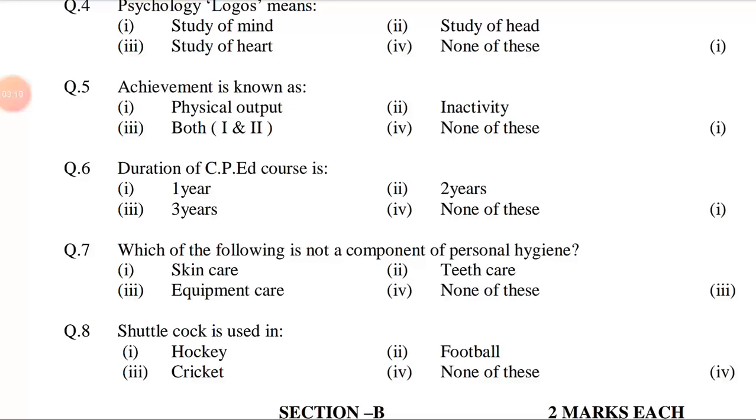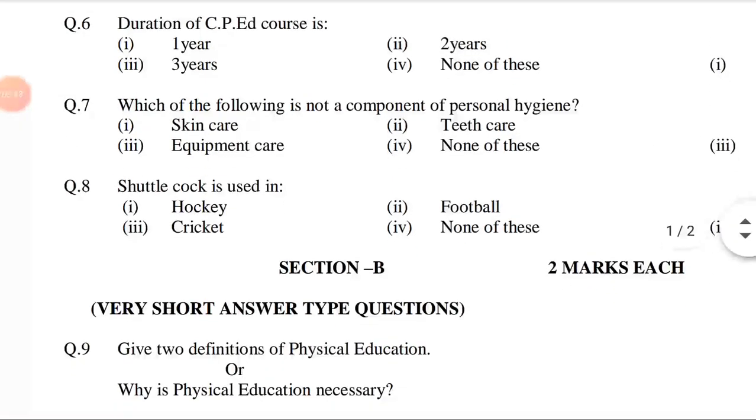Option first skin care, second teeth care, third equipment care, fourth none of these. Answer is option third equipment care. Question number 8. Shuttlecock is used in option first hockey, second football, third cricket, fourth none of these. Answer is fourth none of these.